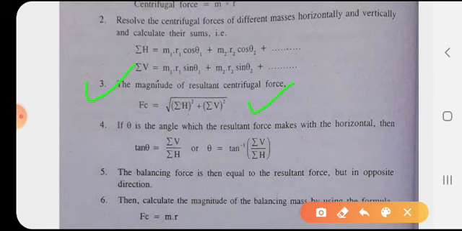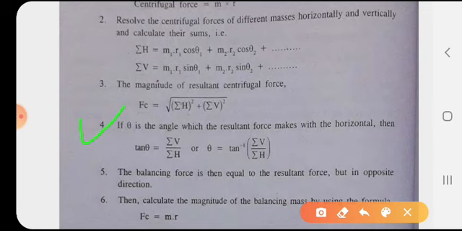In the second step, resolving horizontally we get the value of summation of H, and similarly summation of V. After getting these, we want to calculate theta, the angle which the resultant force makes with the horizontal.